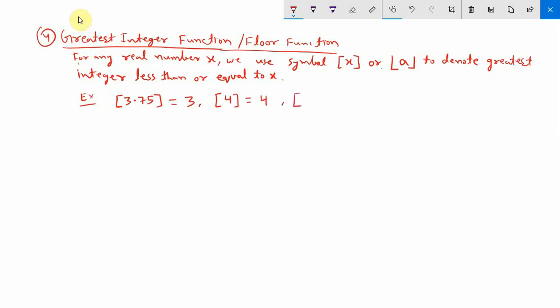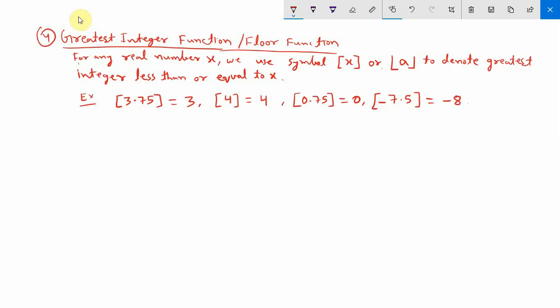Next, if it is a positive fraction like 0.75, the greatest integer less than or equal to 0.75 will be 0. Next, if it is a negative number like −7.5, the integer less than or equal to this number will be −8. Okay, friends.